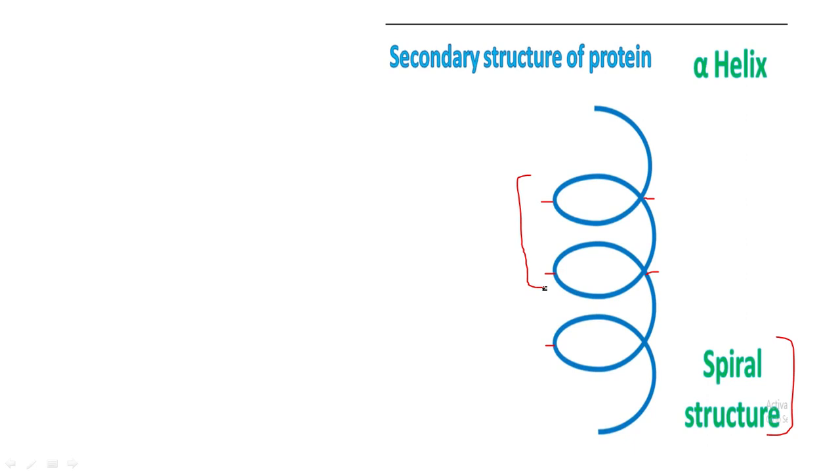It's a very small distance, and each twist, called the pitch of the twist, contains on average about 3.6 amino acids. Again, hydrogen bonding is the stabilizing force for these alpha helix types of structures.